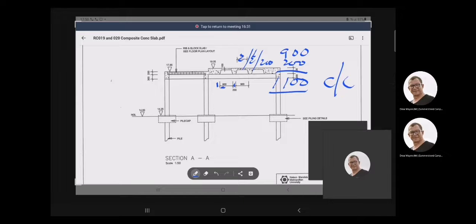So I know that I have 3 by 900 for my coffers, and I have 2 by 200 for my ribs. That gives me 2 meters 700 plus 400 gives me 3 meter 100.